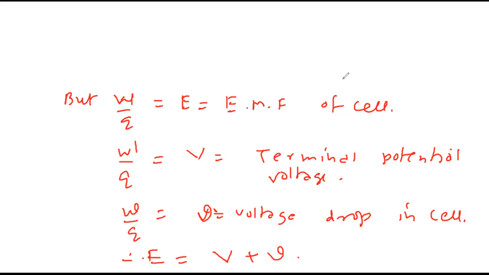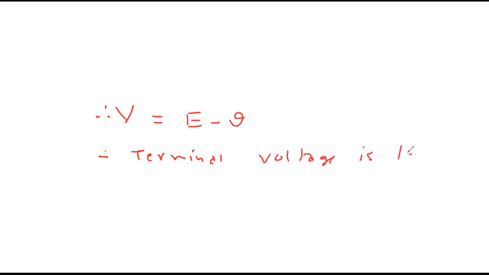Yes, sir. Okay. So from this you can say V equals E minus the voltage drop in the cell. Therefore we can say terminal voltage is less than EMF, because it is E minus that.